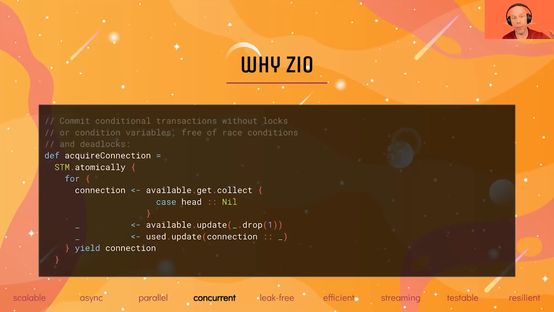And we don't have to worry about race conditions because everything inside that atomically block happens with transactional guarantees. And that get collect that you see there is actually going to wait until there is a head element on the list. And when there's not a head element on the list, that transaction will be suspended until there is one. So it totally and elegantly, beautifully eliminates all of the complexities of concurrent coding.